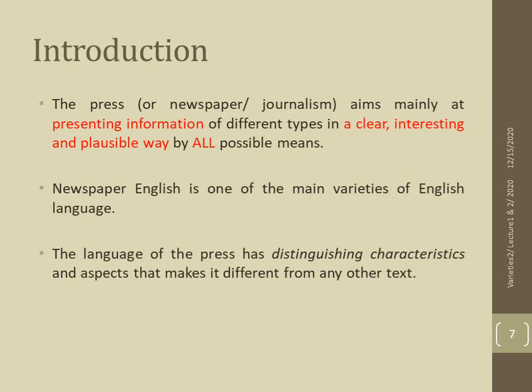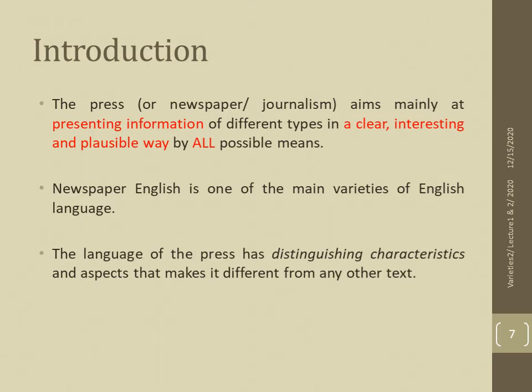In fact, newspaper English is one of the main varieties of the English language. The language of the press has distinguishing characteristics and aspects that make it different from any other text. In fact, the language of a newspaper is completely different from the other varieties of English.